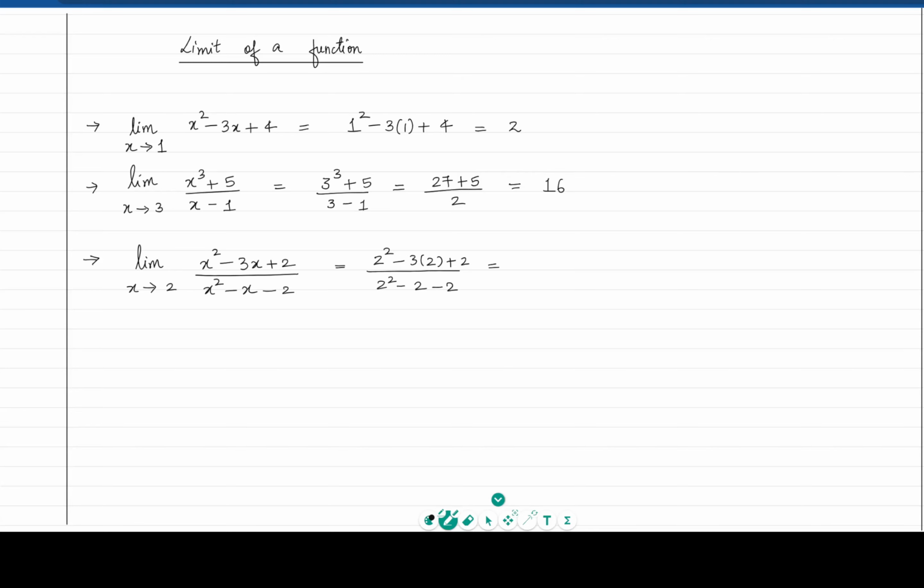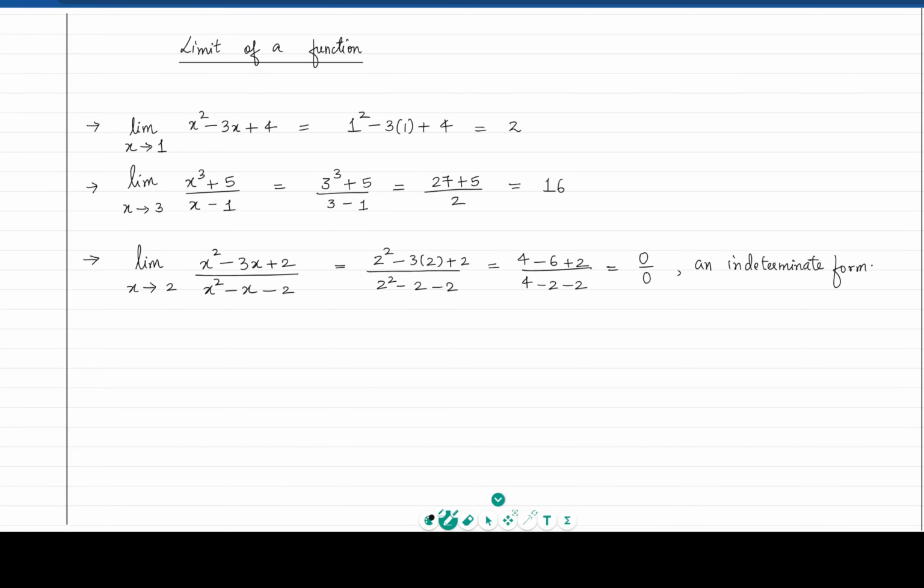We observe that 2 square is 4 minus 6 plus 2 divided by 4 minus 2 minus 2. What we observe in the numerator and denominator is that the values are 0 and 0. So we get 0 divided by 0, and we call this form an indeterminate form.